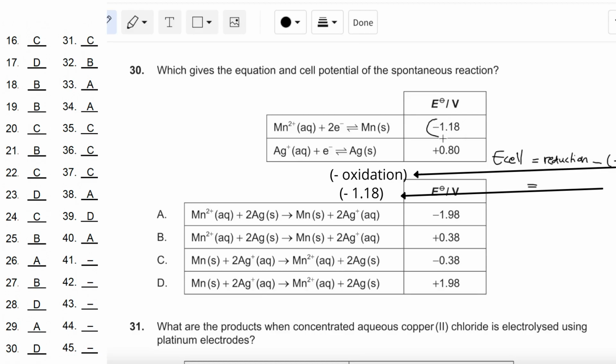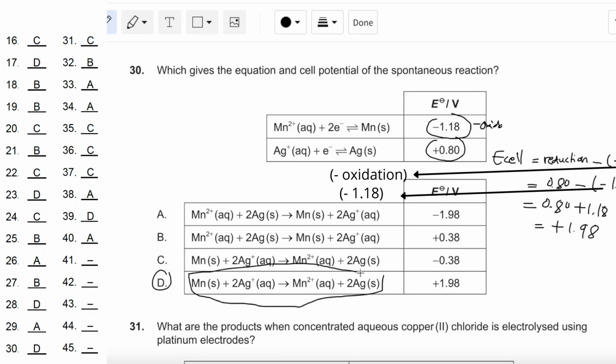When we see -1.18 and +0.80, the most negative will be oxidation. So reduction will be 0.80 minus -1.18, which is 0.80 plus 1.18. It's +1.98. The answer will be D. Don't worry about this because you only need to check this number.